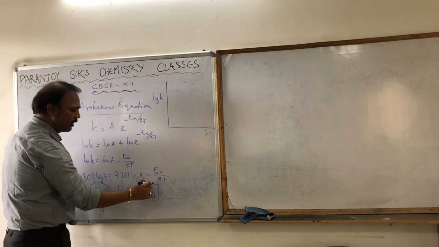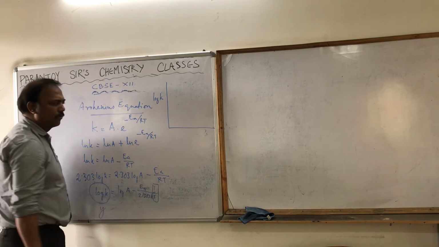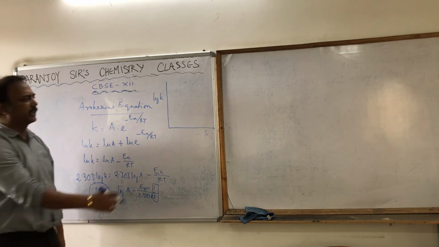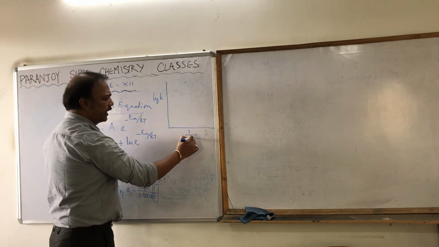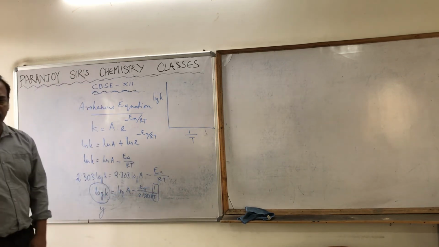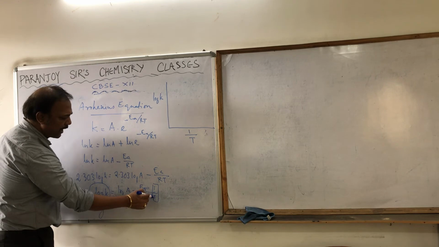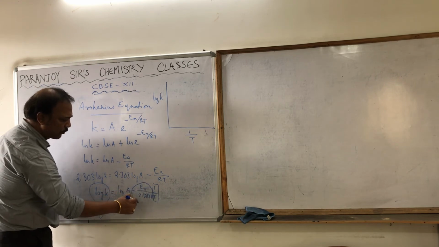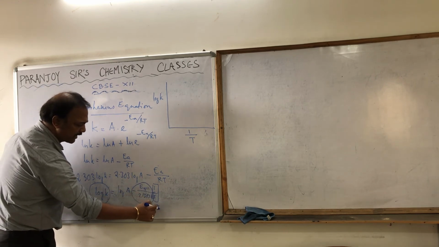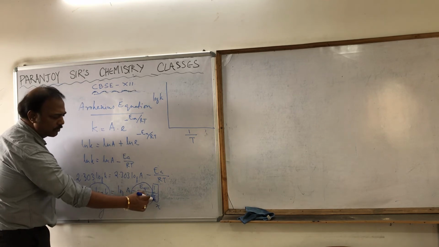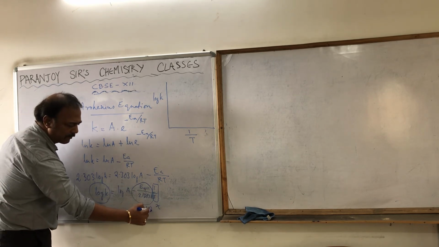What T term is there? 1 by T. 1 by temperature we are going to plot on the x-axis. So this is x. Minus Ea by 2.303 R is nothing but m, that is the slope.